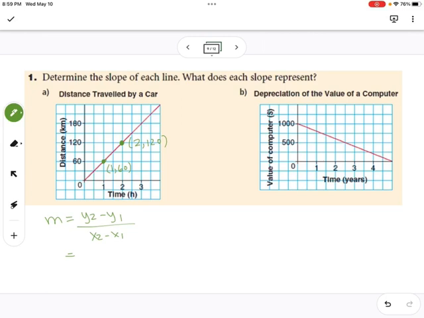So y2 is 120, subtract y1, which is 60, over x2, which is 2, subtract 1. So 120 minus 60 is 60, and 2 minus 1 is 1. So we get a slope of 60, and looking at our units, this is kilometers per hour.